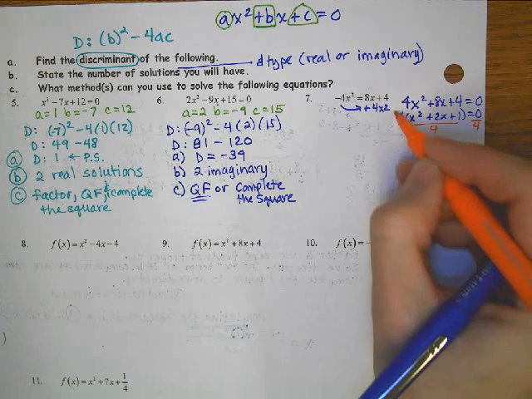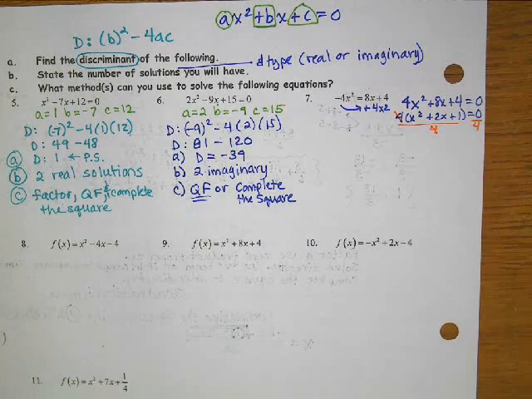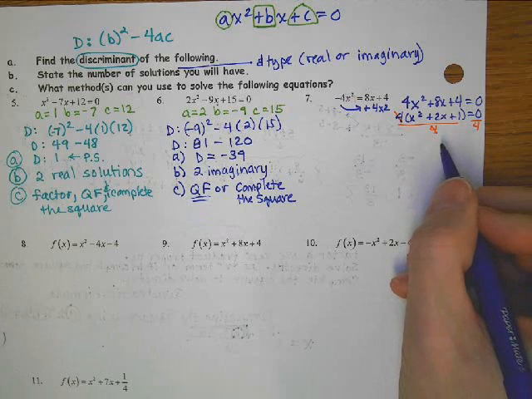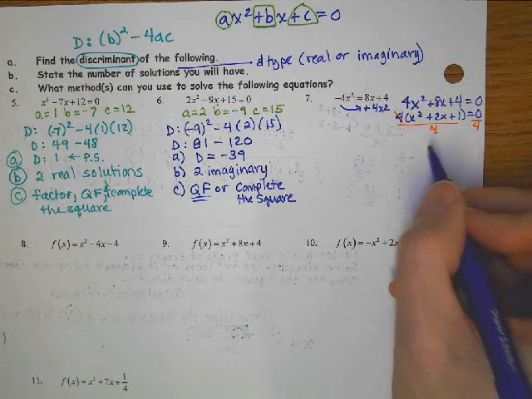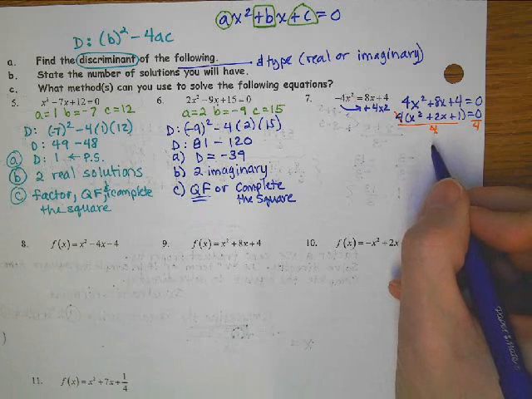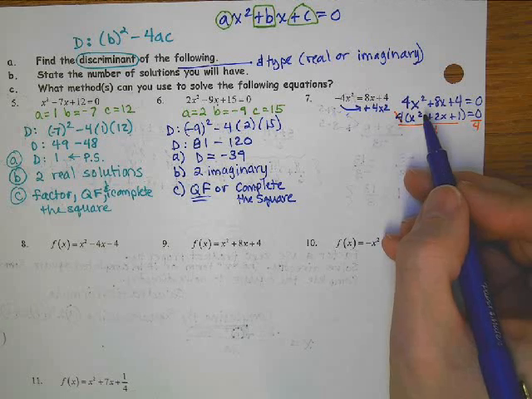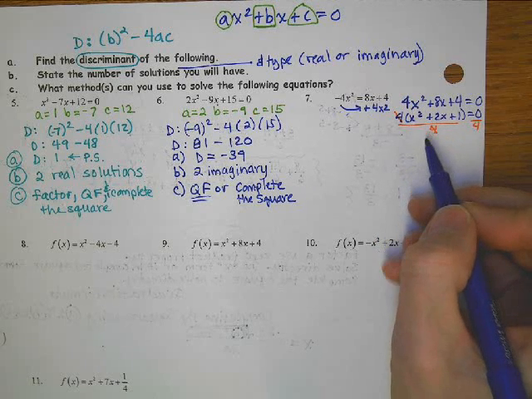Because I'm trying to solve anyway, it's totally fine to reduce it like this ahead of time to make your calculations easier. Now, I will say this, your discriminant will look different than people who don't reduce it. However, if it was a perfect square in this format, it will be a perfect square in the reduced format as well.